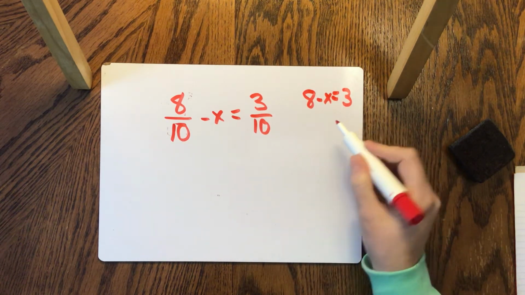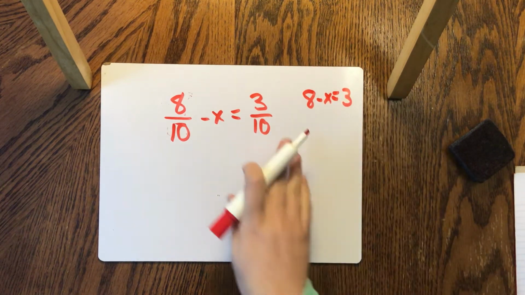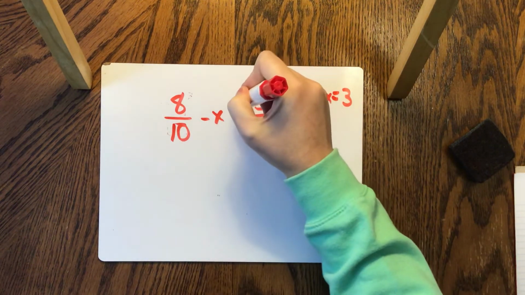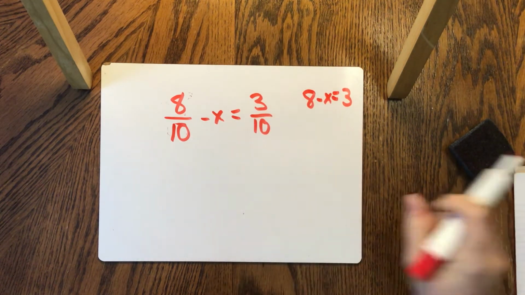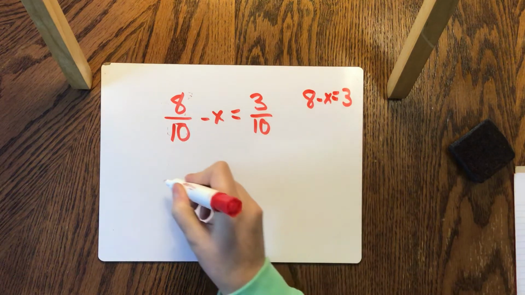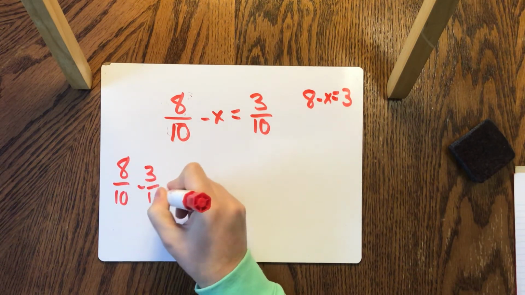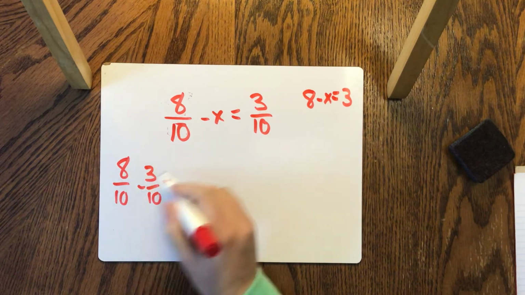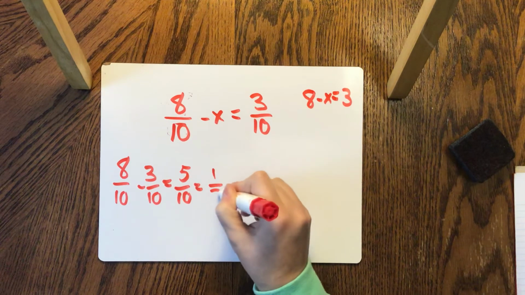So in this case, we're actually going to subtract the 3 from the 8. So that's what we're going to do for this problem here. I'm not even going to draw a line down the middle because we're not going to use the inverse operation. We're actually going to do 8/10 minus 3/10, and we're going to get 5/10, or 1/2.